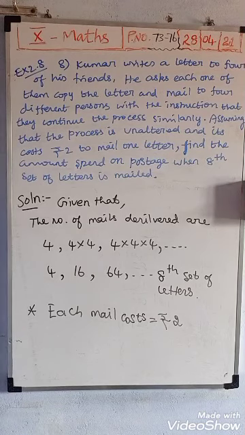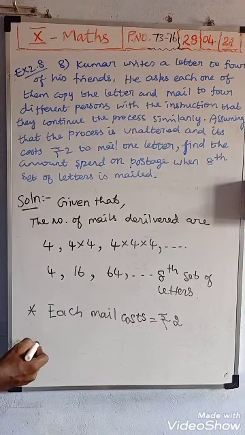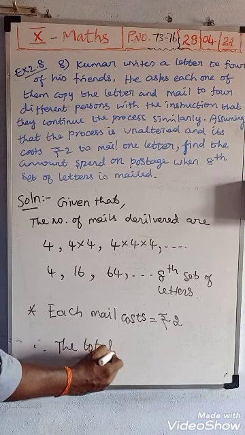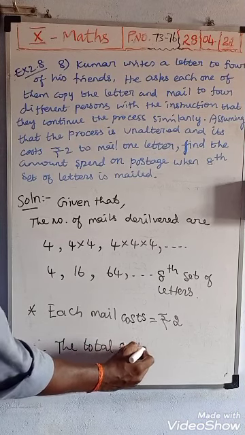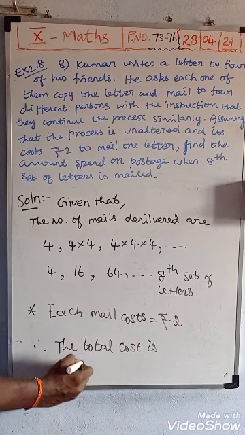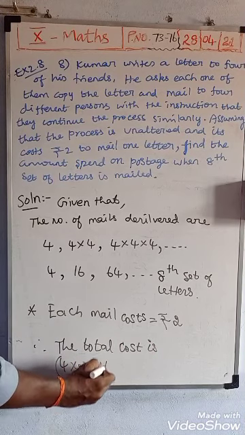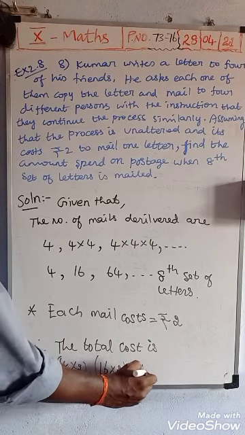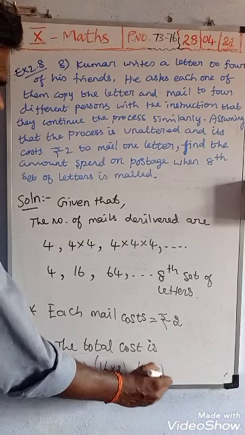Therefore, to find the total cost, we multiply the first four letters with 2: 4 into 2, 16 into 2, 64 into 2.